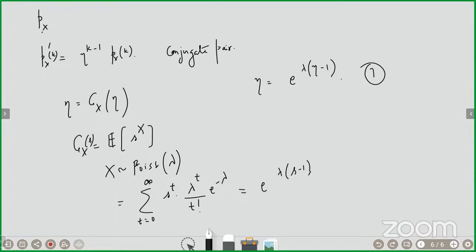So what I want to find is my conjugate problem. I know P of X. This I know. Now I know a relation eta satisfies, and then I know P of X prime. That's something interesting.